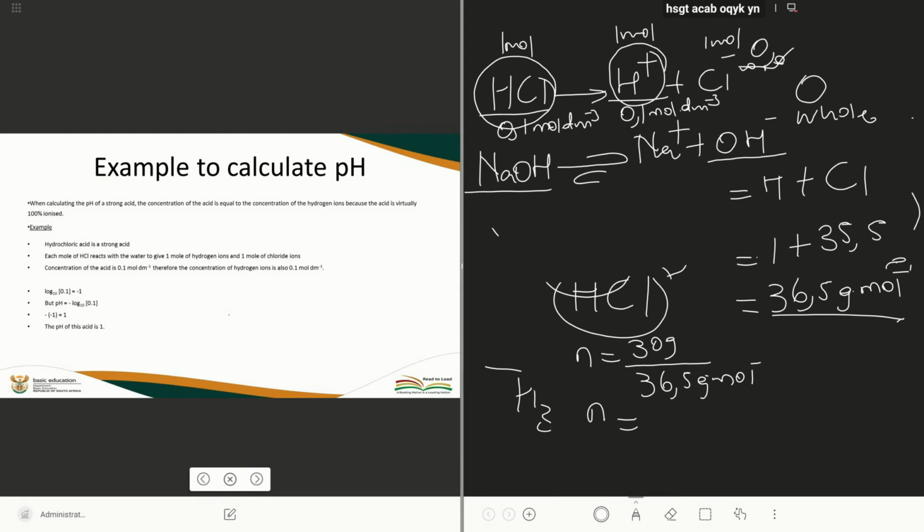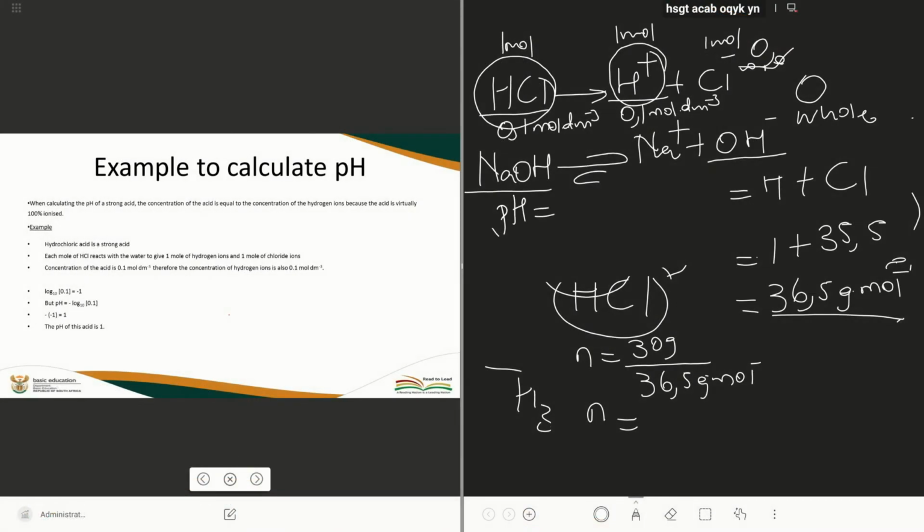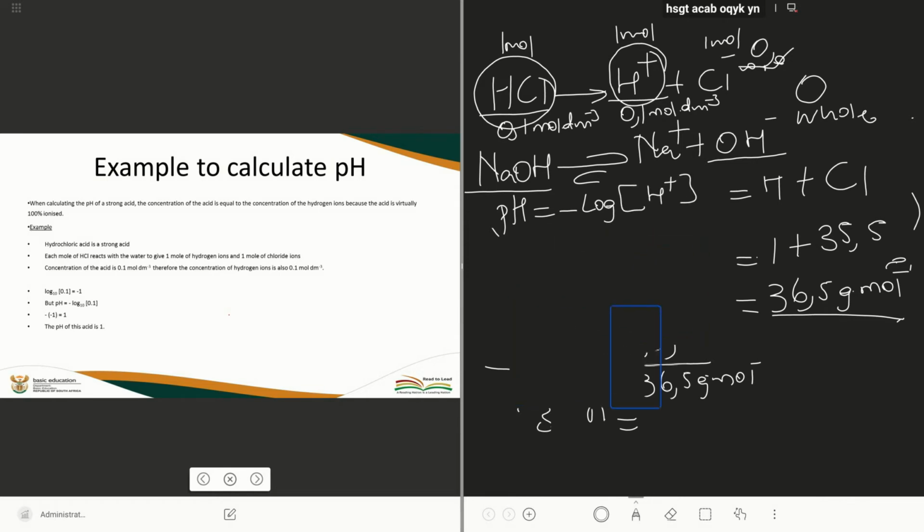So if you know the concentration of the hydronium ion, you can go straight to your formula: pH is equal to minus log the concentration of H plus ion. Therefore, after substituting this, you will just go straight minus log, and then immediately start substituting the value. The square brackets indicate the concentration of hydrogen ion, and we can make them round brackets and make it 0.1.